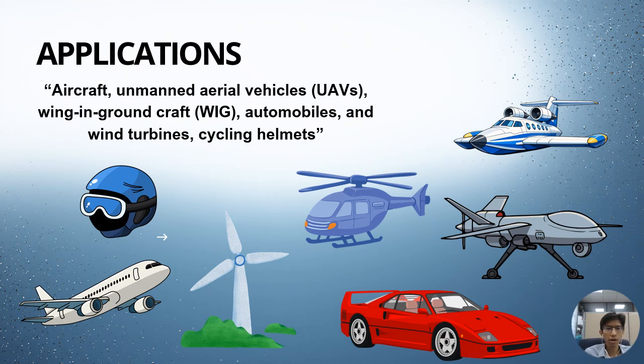Besides aircraft and the UAV, there are other models that are critical for aerodynamic performance, such as a cycling helmet, aircraft, UAV, a wind turbine, helicopter, sports car, and also wing in ground effect, or WIG.